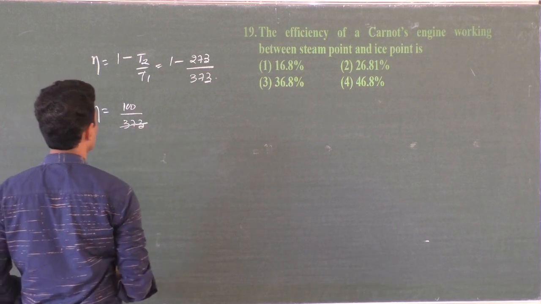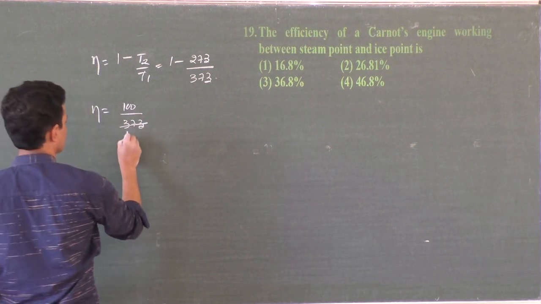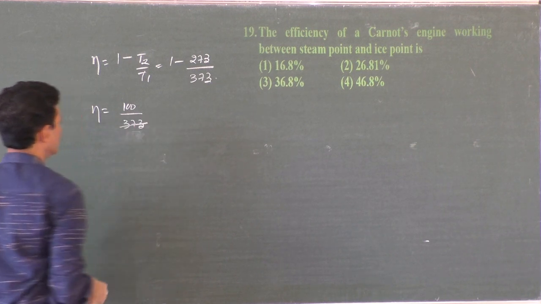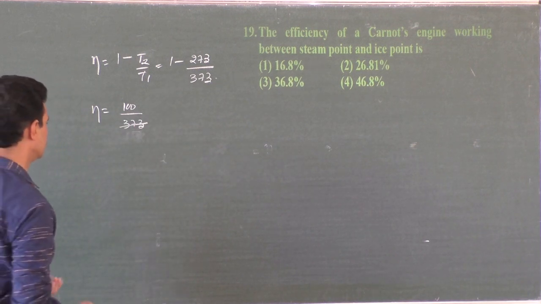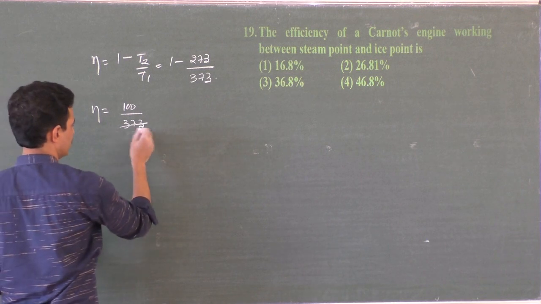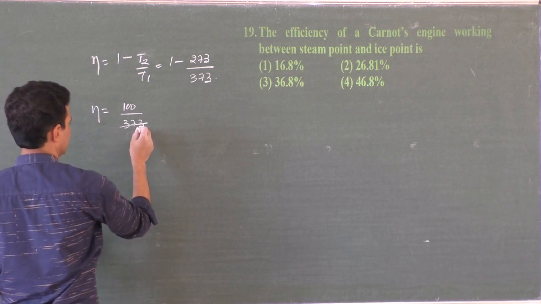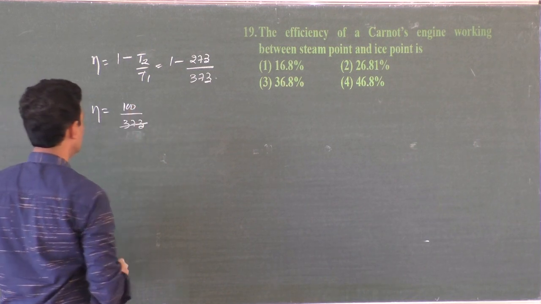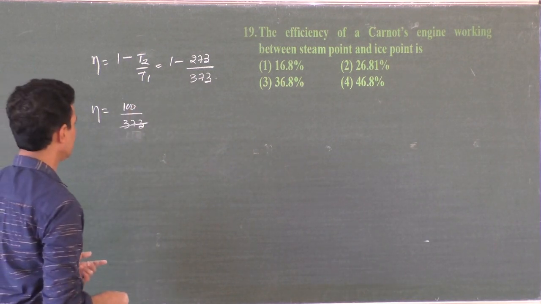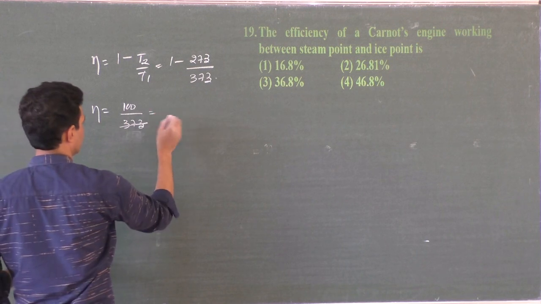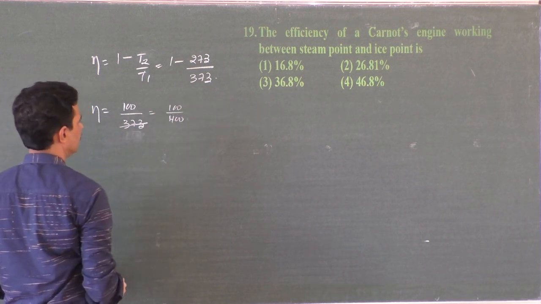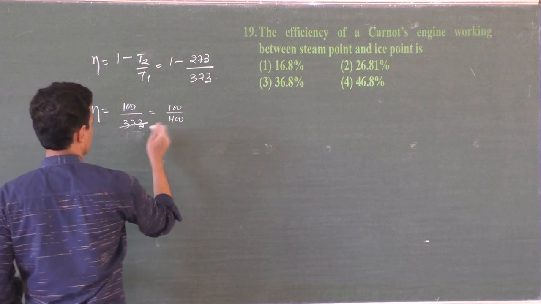It is 100 by 373. With what can you divide it? If it is somewhat 400, say 100 by 400, it would have been 25%, correct? But it is not, it is too much of an approximation.